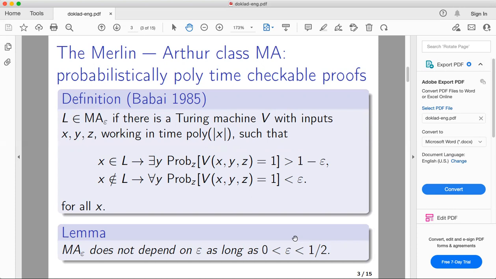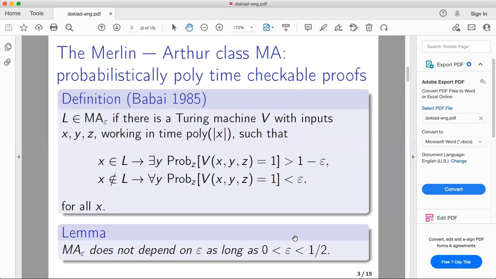If X belongs to L, then there is a valid proof, which means that it is accepted with probability larger than 1 minus epsilon. And if X is outside L, then all the proofs are invalid. That means that the probability that they are accepted is less than epsilon.